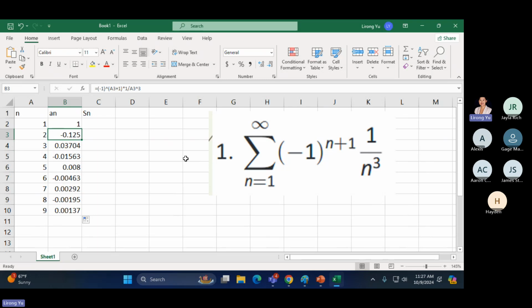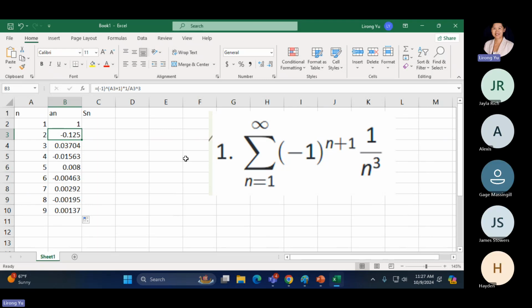In that spot, you can see the function negative 1 to A3 plus 1, A3 is 2, negative 1 to A3 plus 1, 1 over A3 to the power 3. So that looks like the right number. And you can see the alternating effect. You start with positive 1, negative, positive, negative, positive. So it looks like everything works out.